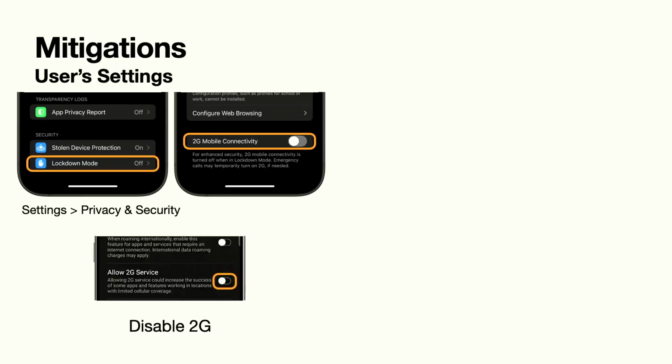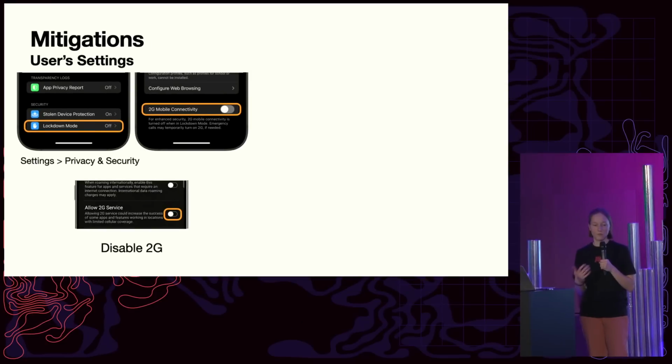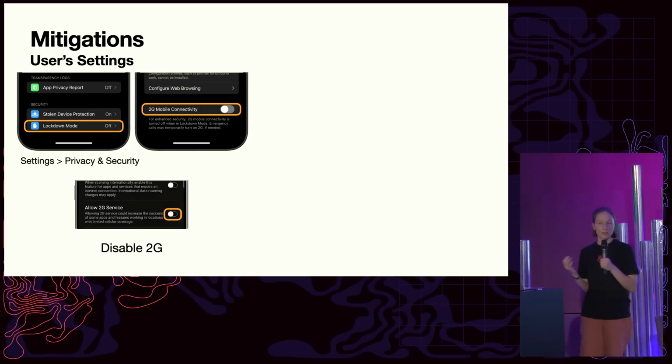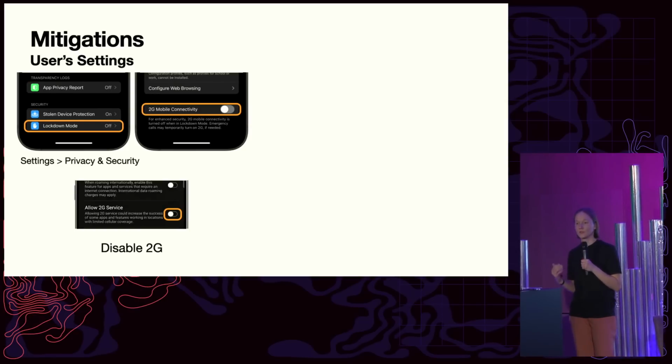And if you enable the lockdown mode, then 2G is automatically disconnected. That doesn't mean that it's not working for emergency calls. So if you're in an emergency situation and there's no 3G, 4G, 5G available, then your phone is still using 2G, but your phone is kind of protected against those simple rogue base station attacks where just somebody puts up a base station and your phone would connect to it.